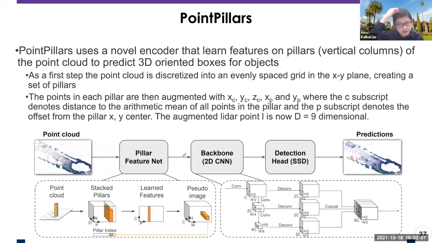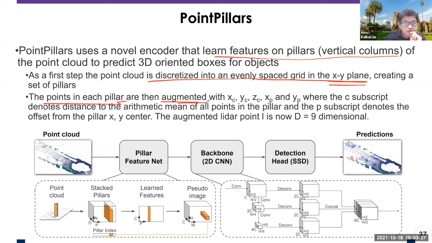So now let's take a look at the PointPillars architecture. The learned feature on pillars is like a vertical column. The first step is to discretize into an evenly spaced grid in the XY plane, not XYZ, because in the Z direction they only have one pillar. The points in each pillar are then augmented.